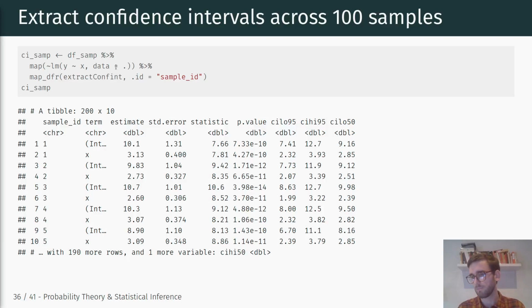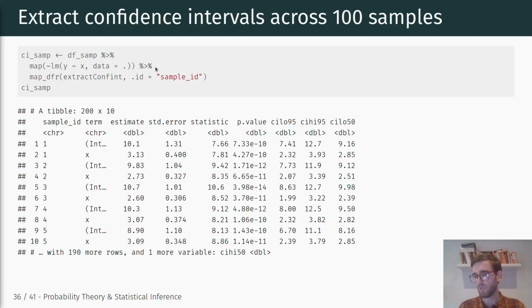So that's pretty nice. Then, of course, we don't want to just use this regression model, but we want to use our extract conf function to extract the information that we want, which is the 50% and 95% confidence interval.